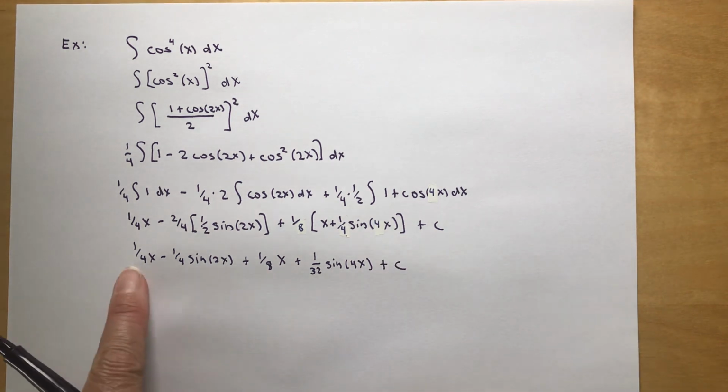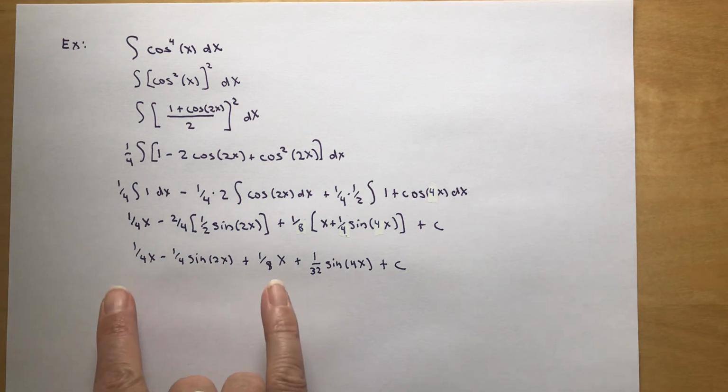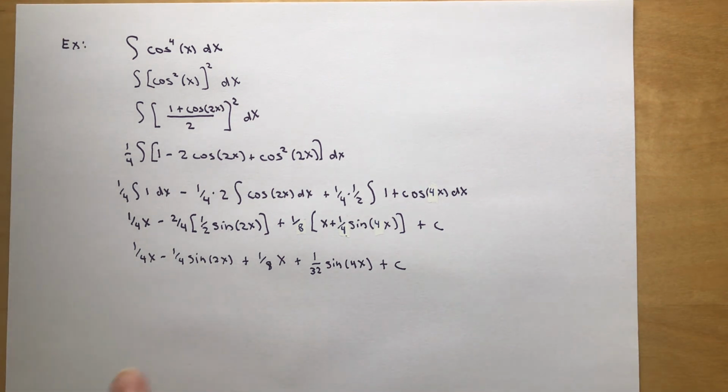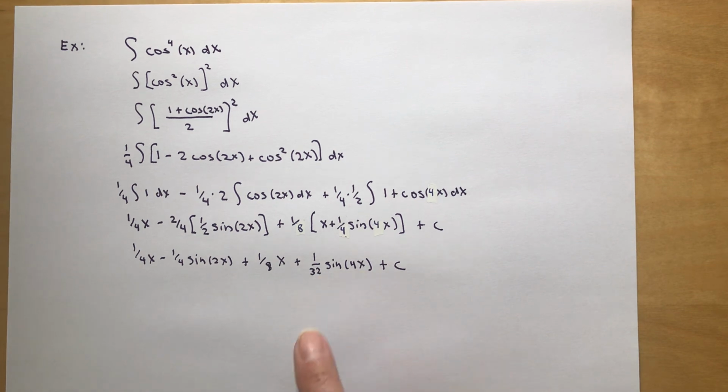And you could take one more step and combine those, but I think I'll keep the video moving here and move on. It'll end up being 3/8 x plus sine 2x over 4, if you like, and sine 4x over 32.